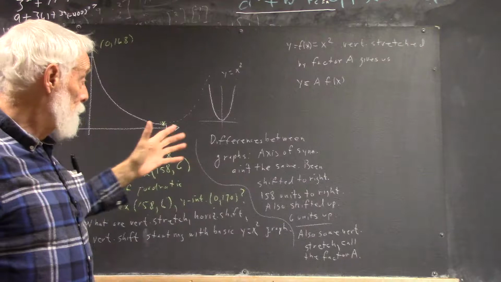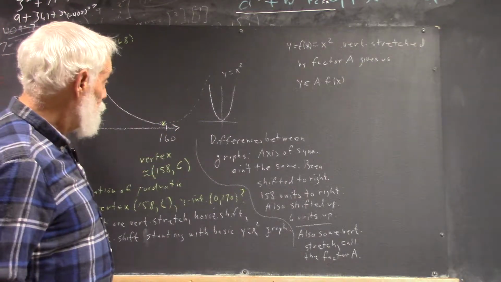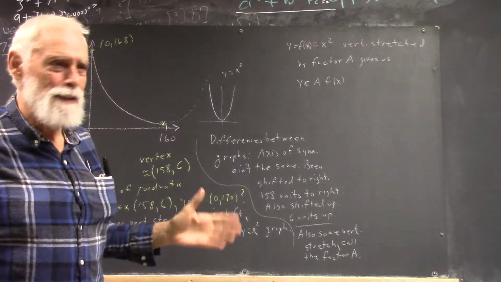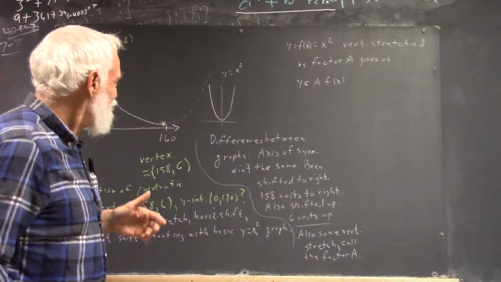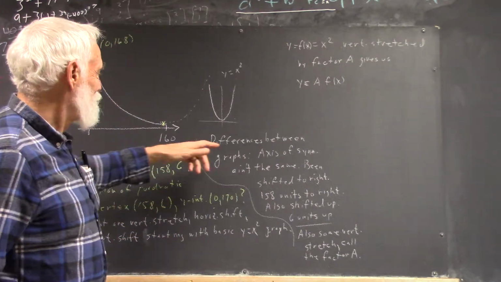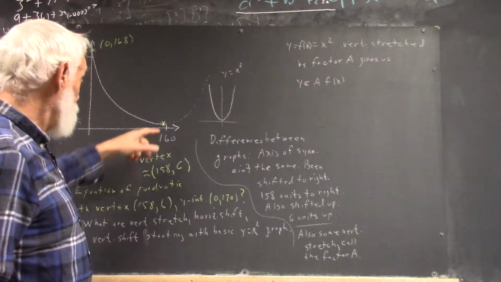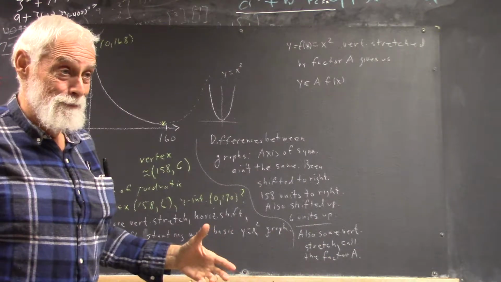Well, finally somebody said the axis of symmetry isn't where it was. Okay, the axis of symmetry here is the y-axis. The axis of symmetry here is not the y-axis. That's a really obvious difference.